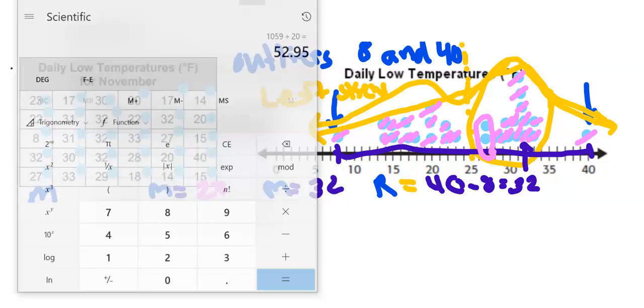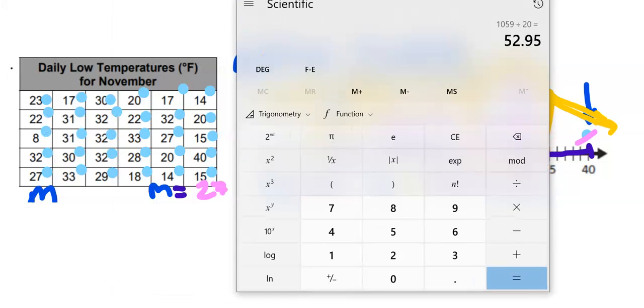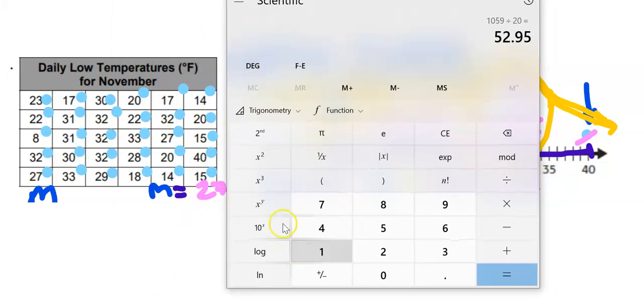Okay, so now we're going to find the mean. So in order to find the mean, we need to add all 30 of these numbers together, and then we're going to divide that by 30 because that's going to give us our average. So let me clear this out.